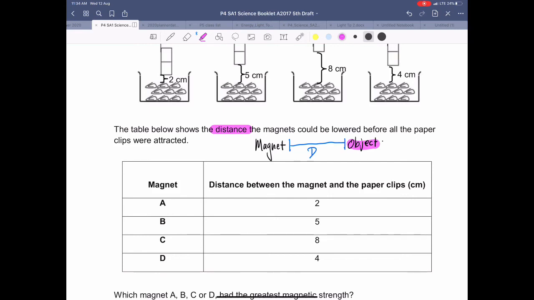This is the part where a lot of students make a careless mistake. And this type of question is the same thing as time. Students always think that the faster the object is, they know that it should take a shorter time. But when they write, they always write the one with the longest time, because they correlate a bigger number to being better.